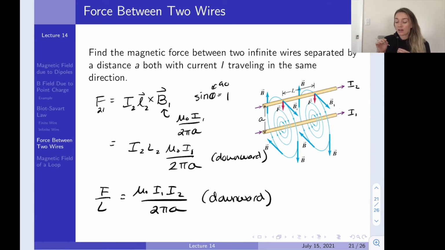So check for yourself, redo this problem, but find the force on 1 due to current 2 and make sure that you get the exact same magnitude, but the force should be upward because they should be equal and opposite forces because they're attractive. So try that. I really highly recommend you try that yourself. That's a good way to check that you understand the right-hand rules properly. So you should get the same magnitude, force per unit length, but an upward force on current 1 due to the magnetic field of current 2.